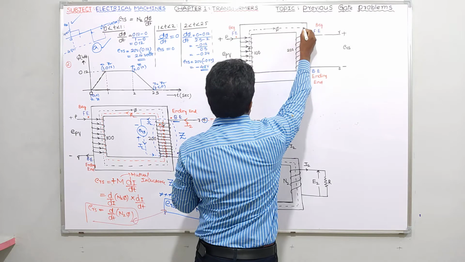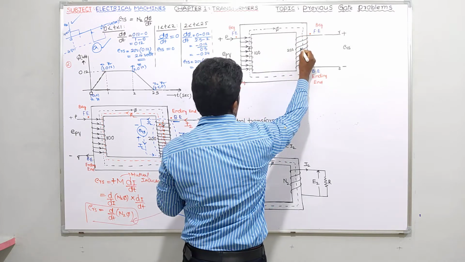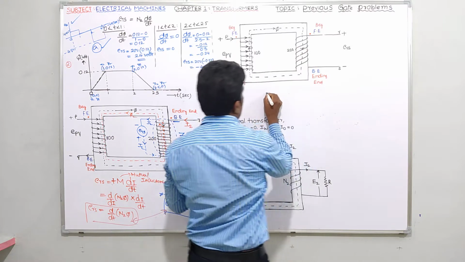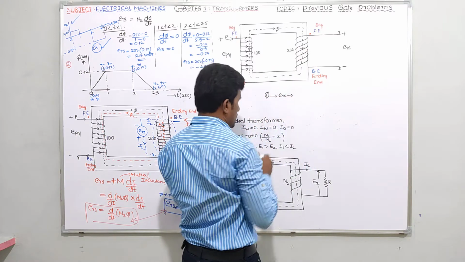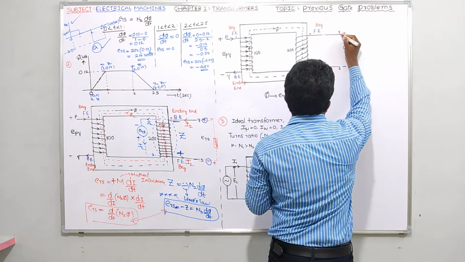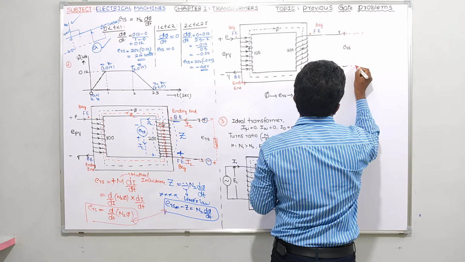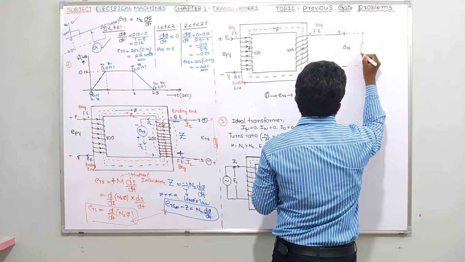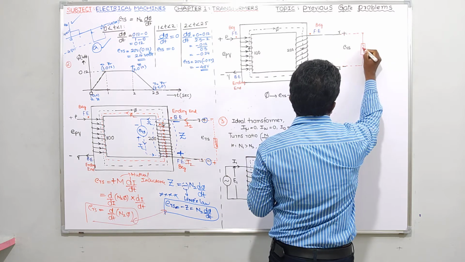So the direction of flux at the secondary winding is downwards. Because of this flux in the secondary winding, some EMF will be induced. There is also a problem that load is not given in this question, but we are assuming a load is connected and continuing.